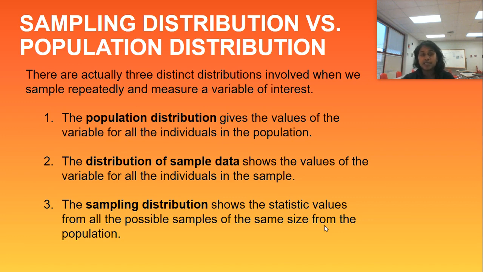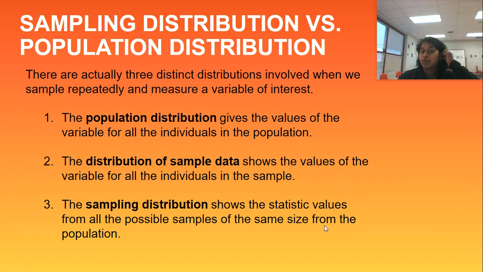There are actually three distinct distributions involved when we sample repeatedly and measure a variable of interest. The first is the population distribution, which gives the values of the variable for all the individuals in a population. The second is the distribution of sample data, which shows the values of this variable for all individuals in the sample.